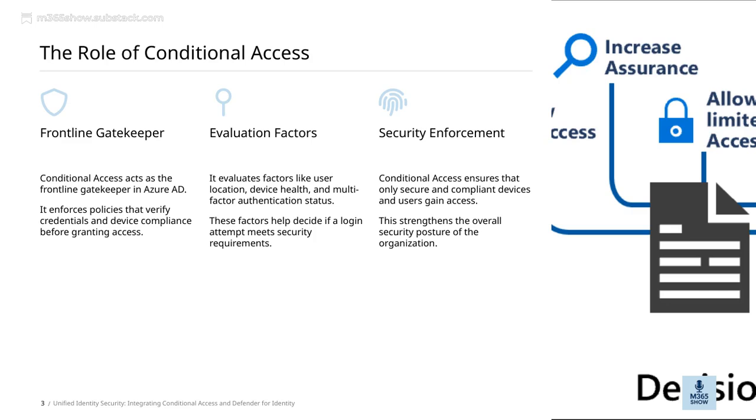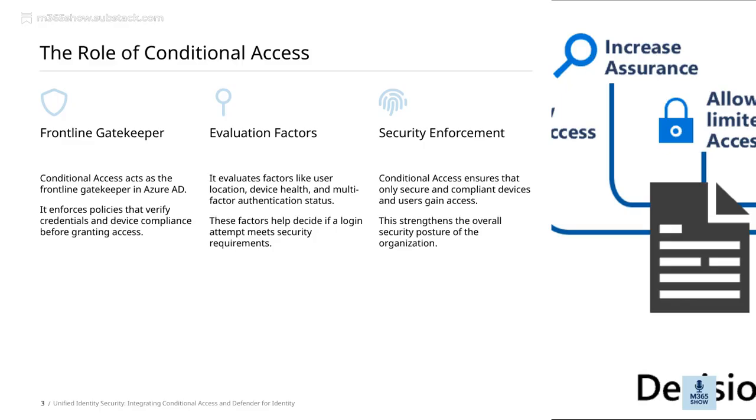When a login attempt happens, conditional access evaluates several factors like the user's location, the health of their device, and whether multi-factor authentication has been completed. These factors are crucial because they help determine if the login meets our security requirements. Think of conditional access as the frontline defense in Azure Active Directory.